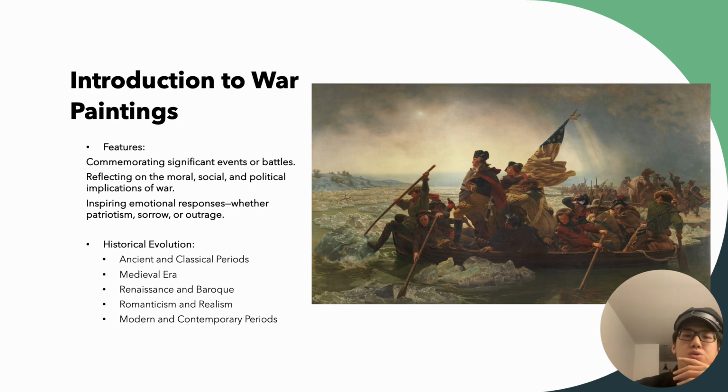With Romanticism and Realism, it becomes more direct and human-centered rather than focused on myth, emphasizing the suffering and emotional toll of war. Finally, in the modern period, mostly contemporary works shift to the documentary, documenting real-life experiences of war, the damage caused by war and its aftermath.